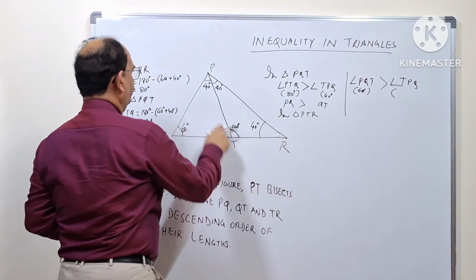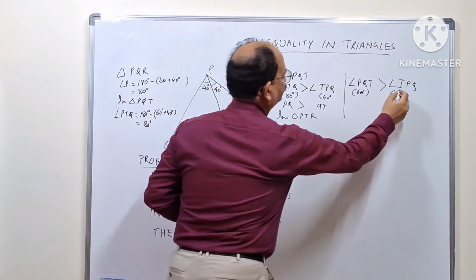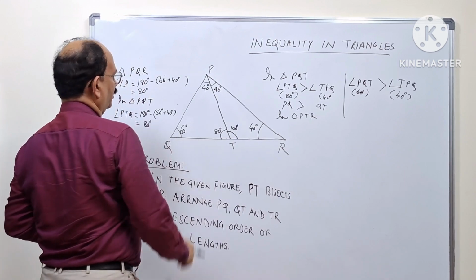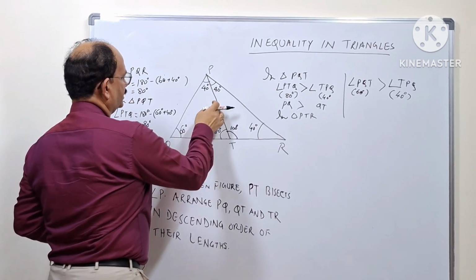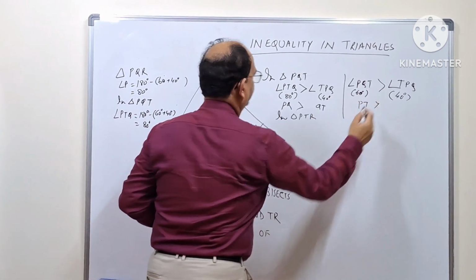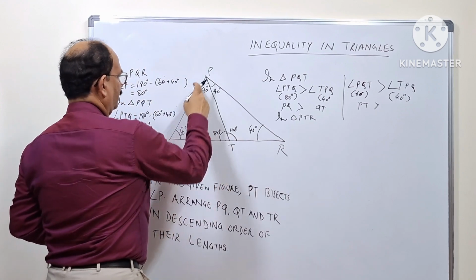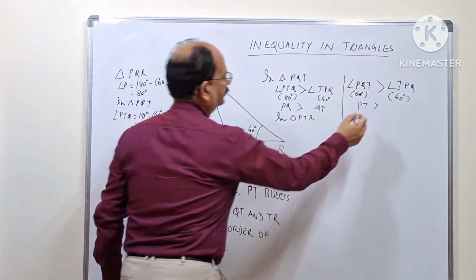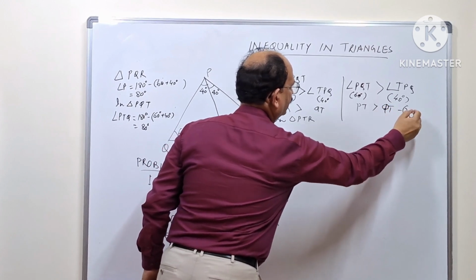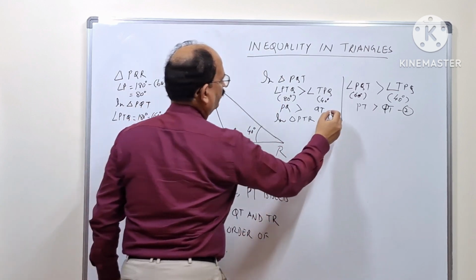And angle TPQ is 40 degrees. So we can conclude that opposite to this angle, the side PT is greater than, opposite to this angle, the side QT. Let us call this 2, this 1.